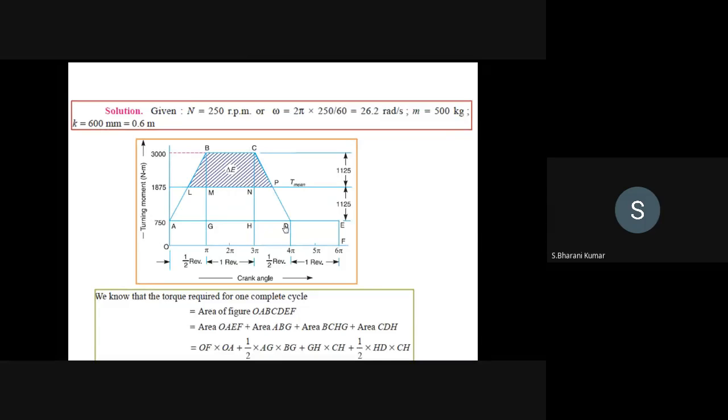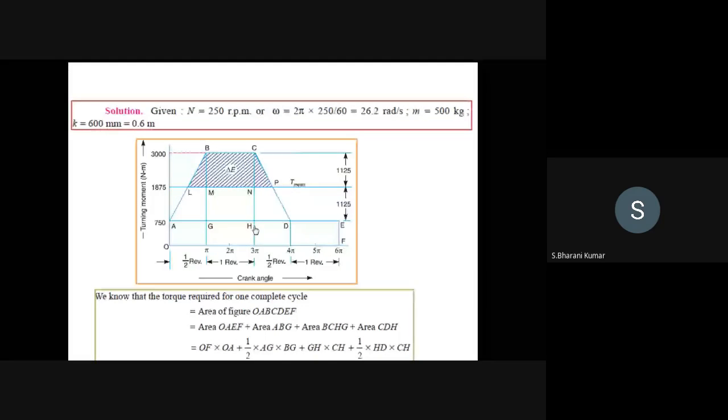So 2 triangles and 2 rectangles totally. So the area of figure OAEF is the first one. The second one is the area of triangle ABG, and then rectangle BCGH, and CHD, another triangle.